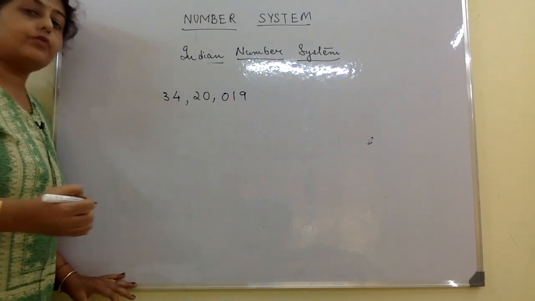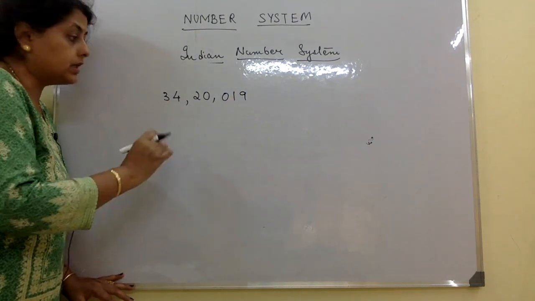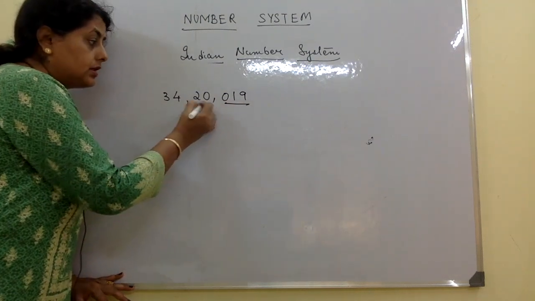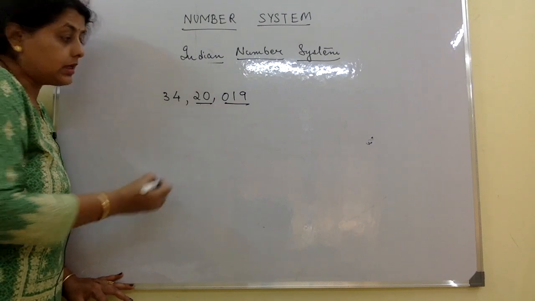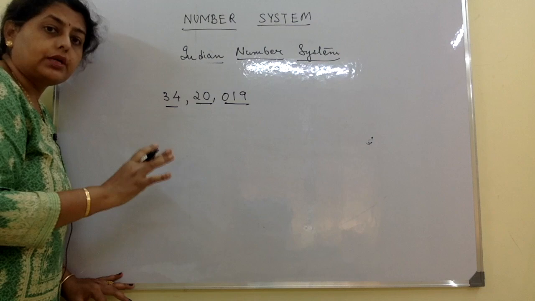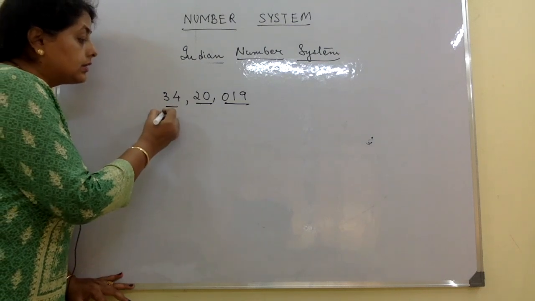Now this is 3420019. Okay, clearly this is the ones period, this is the thousands period. Okay, and then comes the lakhs period. This particular number has no crores. Okay, so this is 34.